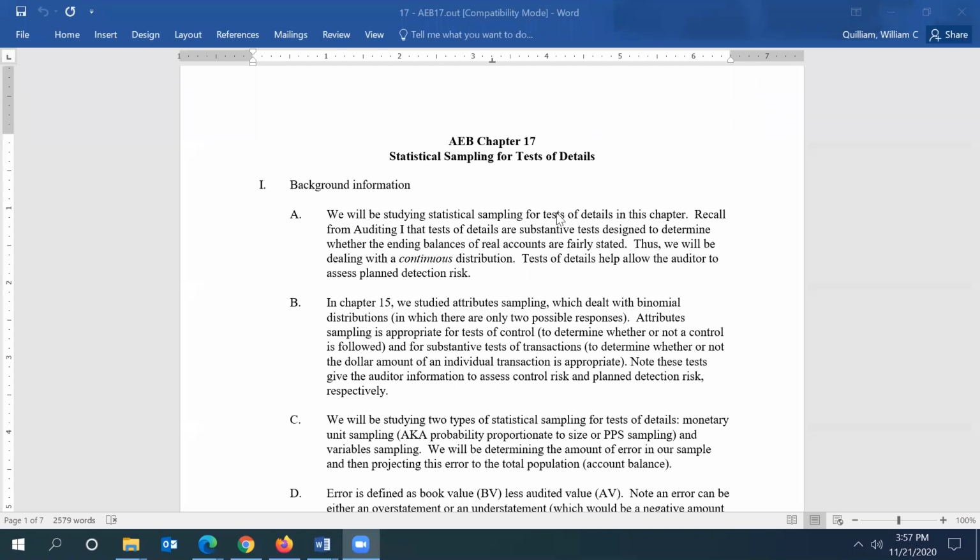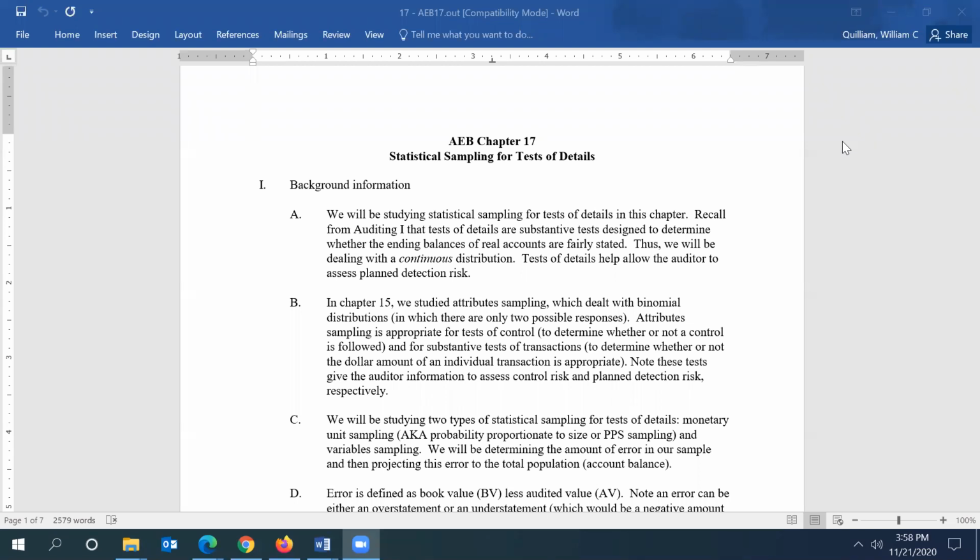So tests of details, the primary test of detail that we will see, and that you would also see on the CPA exam, is this. We're going to have a test of detail where we are looking at the ending balance of an account and trying to see, is it fairly stated or not?